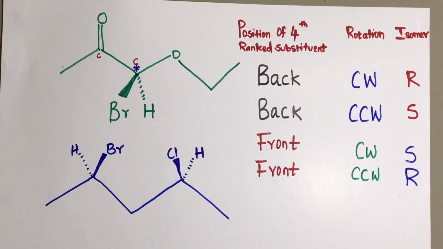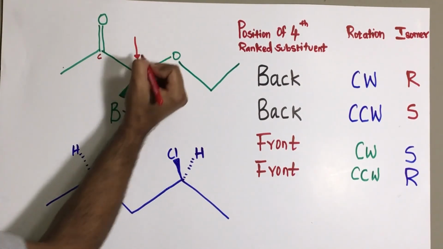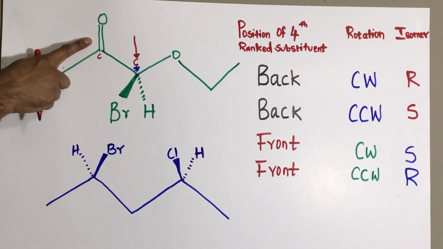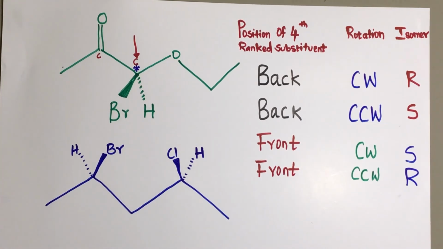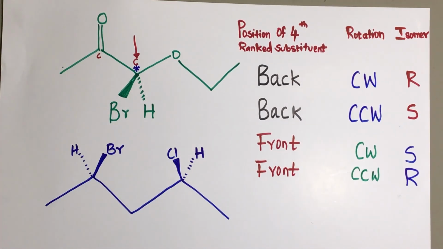I might even put an arrow just like I did in the video. This is what I'm focusing on. And I put a C here just to tell you that this carbon is attached to a double bond, so that cannot be chiral. This cannot be chiral because it's got 3 hydrogens. This is an oxygen, and chirality is exclusive to carbon. This is not chiral, that's not chiral, which leaves us with just that being chiral.